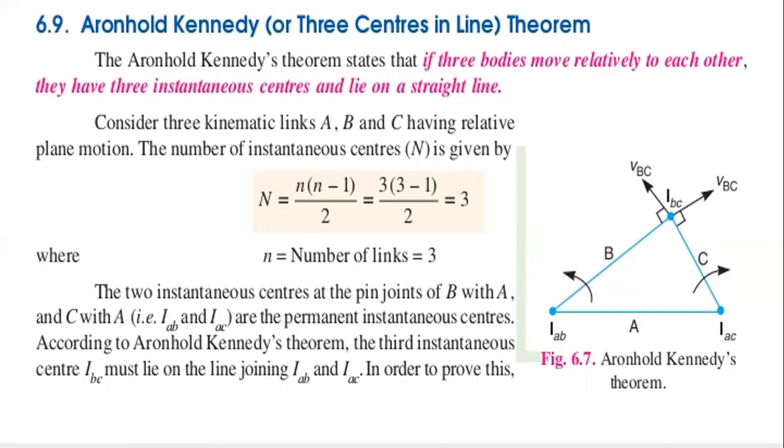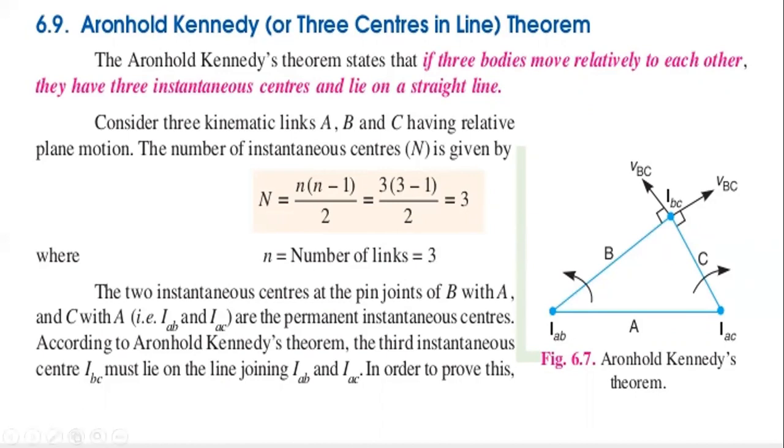So A is taken as a fixed link here, and these two links can move either in the clockwise or anti-clockwise direction. Here I am taking link B moving in the anti-clockwise direction and link C moving in the clockwise direction.